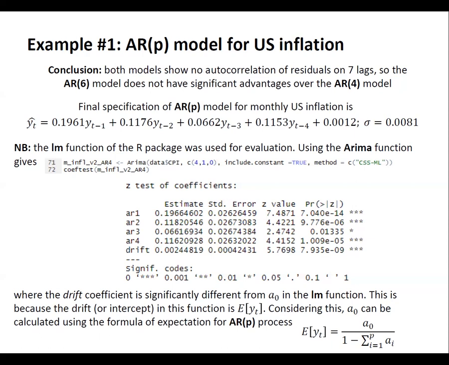Recall the previous lecture, or what was written on the first slide today: the coefficient A0 is calculated from this equation. That is, in order to turn this 0.24 into something like 0.12, you must calculate A0 using this formula. Then A0 will turn out to be close to this value. This is a small but important feature of this function, so please pay attention to it. The drift parameter in the ARMA function is not A0 from the autoregressive process.